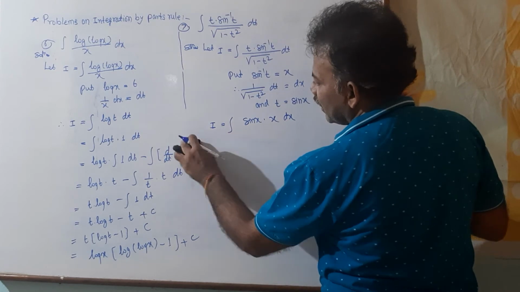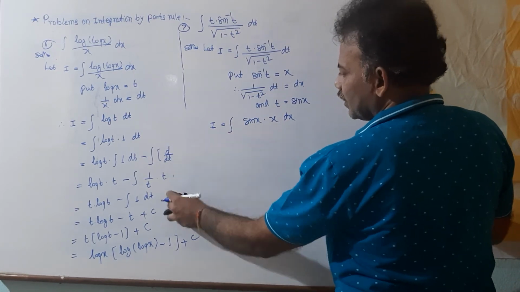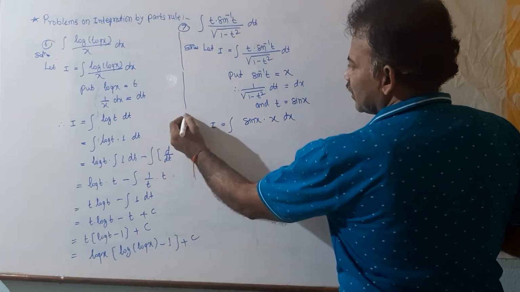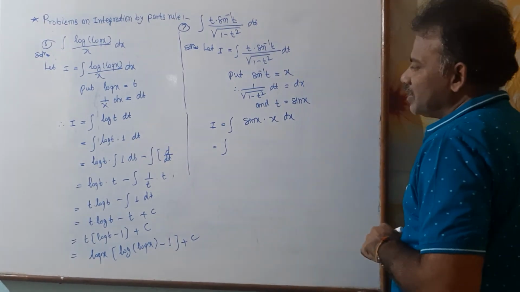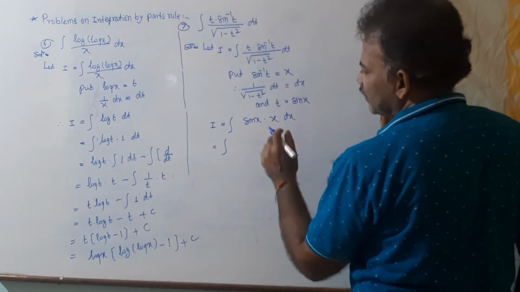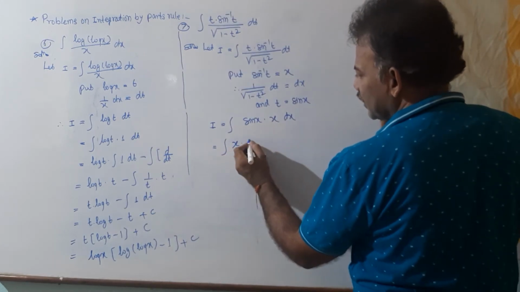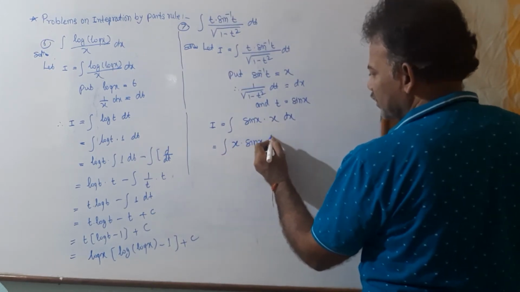So we get the integrand as a product of two functions. So we can apply the integration by parts rule again. First check the order by using the LIATE rule. x is algebraic, sin x is trigonometric. So the algebraic function first, the trigonometric function second.